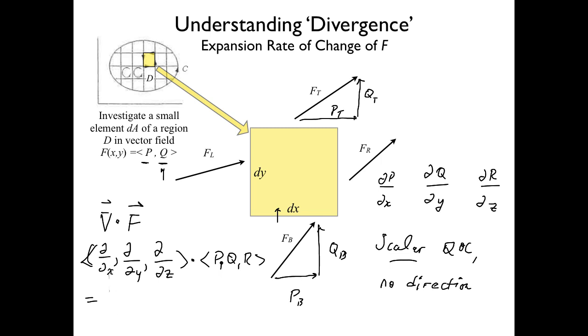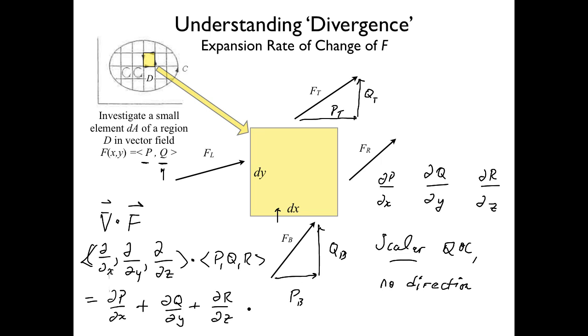We want in the direction of x the partial of p with respect to x. And then what are we going to do? We're going to add the partial of q with respect to y and add the partial of r with respect to z. So since there's no direction to it, you just add up the three contributions from the three different directions of either stretching or compressing.